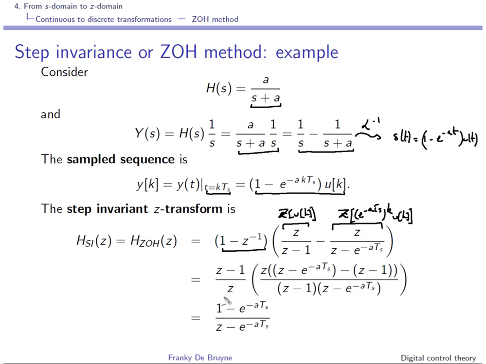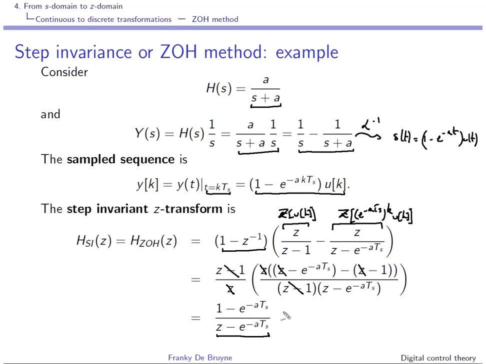It's better here to work this way because we work with the variable z. You put everything under the same denominator. You will see that this one and this one will cancel out, this one and this one will cancel out, this one and this one will cancel out, and this is the equivalent description in discrete time of the initial transfer function using either step invariance or the ZOH method.